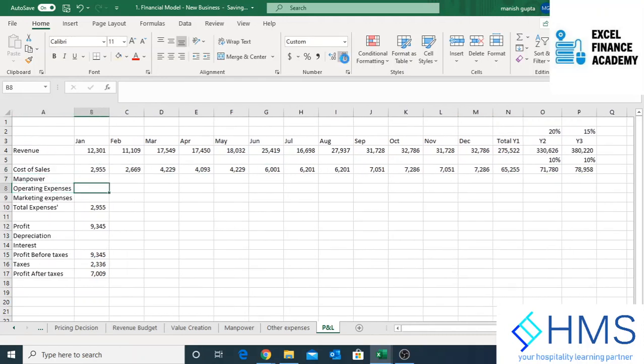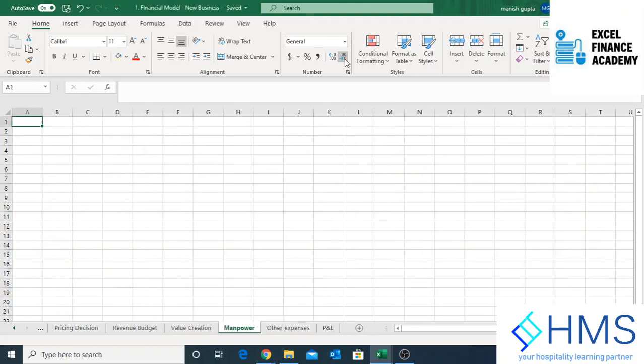manpower. Now manpower is going to be a difficult thing to do. I mean, it's not going to be difficult, it's going to involve a lot of calculations, so we normally do it on a separate sheet. So let's say revenue manpower is definitely based on what you are going to do, based on different levels of business that you are going to serve.